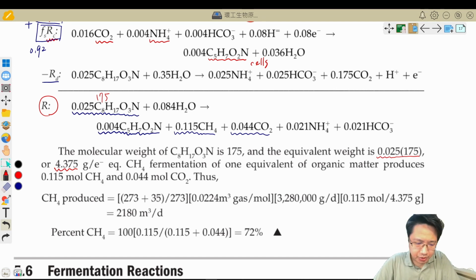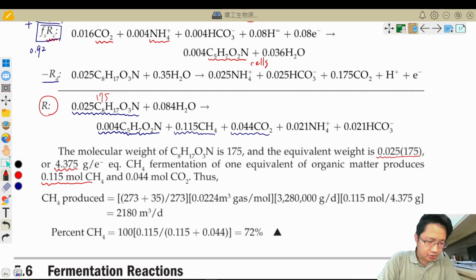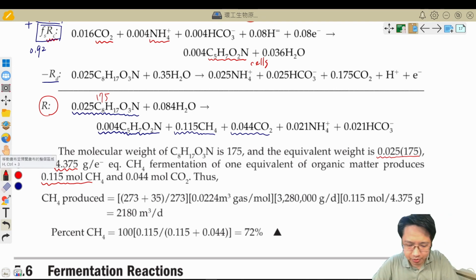Then you will produce again 0.115 molar of the methane and 0.044 molar of the CO2. So you can predict how much methane gas you will generate.